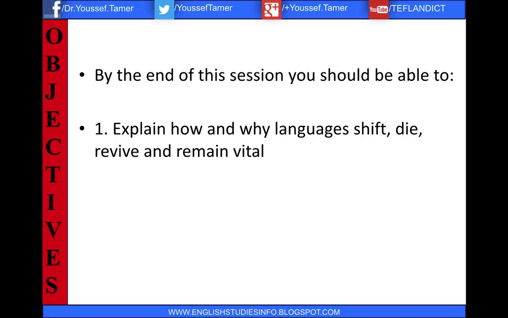Between these, we have a number of concepts: language revival, language vitality, and language maintenance. These are related to the issues of language shift and language death. So by the end of this, you will be able to explain how and why languages shift, die, revive, and remain vital.